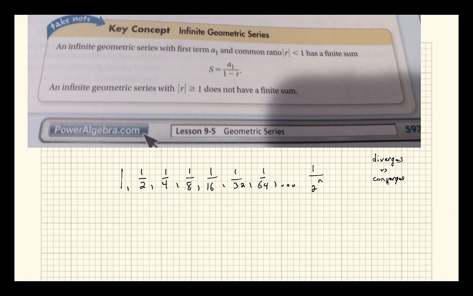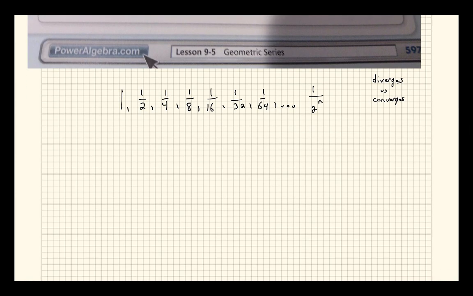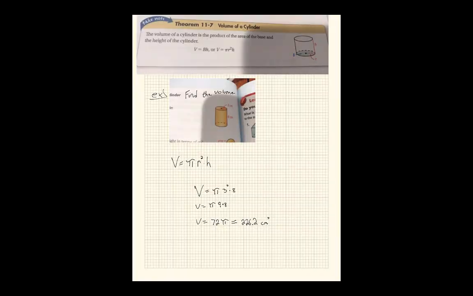The way that they're going to converge is if the absolute value of your common ratio is less than 1, like 1/2, 1/4, -1/8, -1/7, something like this. The absolute value of those numbers are all less than 1. Think about it this way.